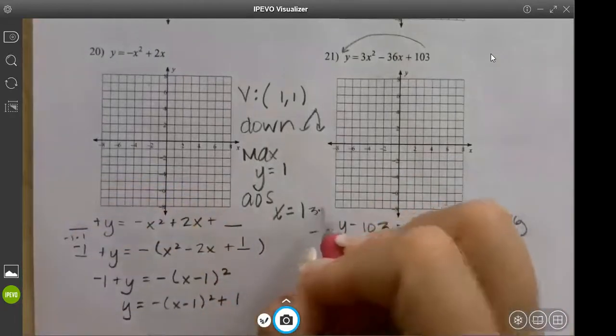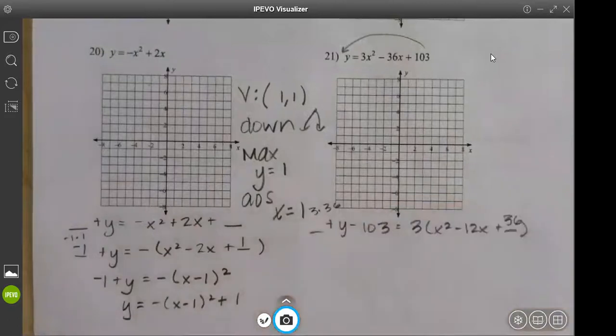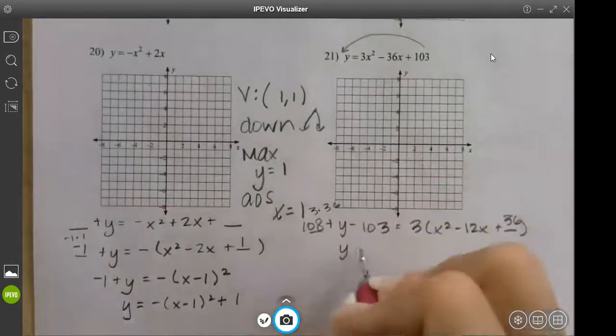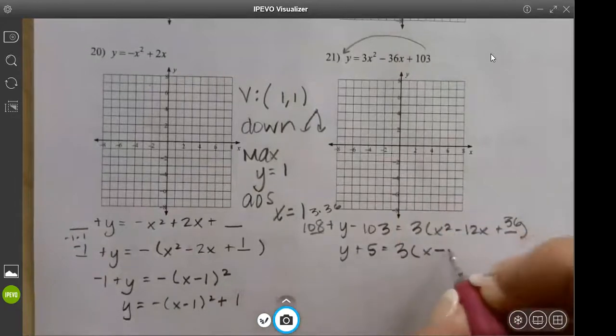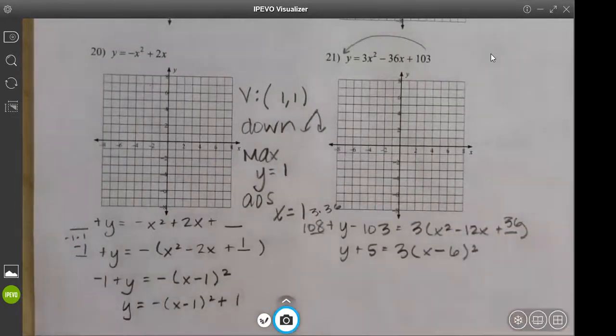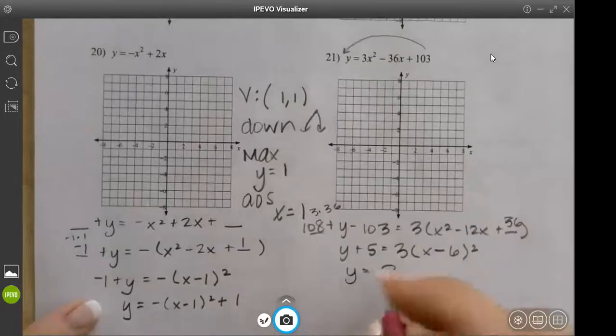Remember, this blank is what you took out times what you put in. And we get 108. 108 minus 3 is 5. Rewrite x minus 6 squared. Subtract your 5 over.